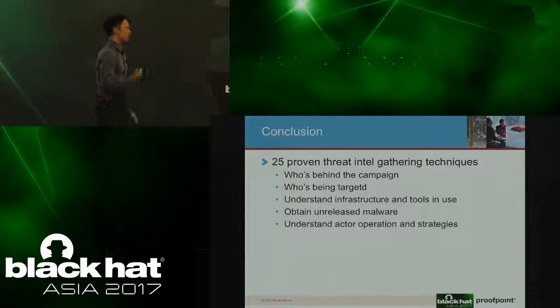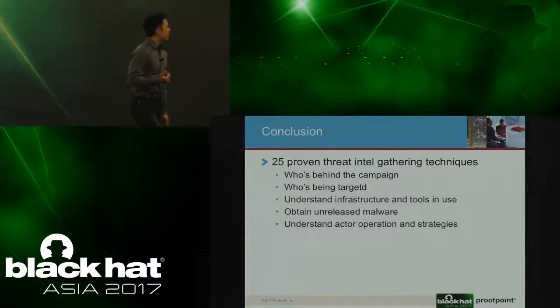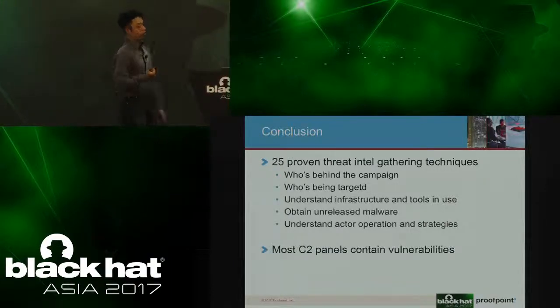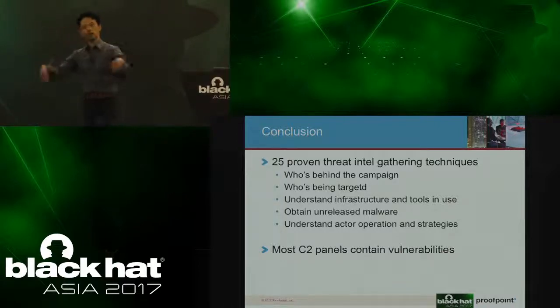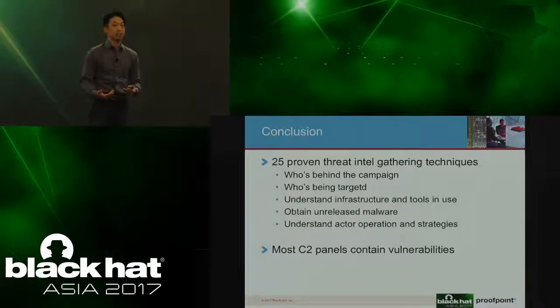Obtain unreleased malware, which ups our detection efficacy, and understand actor operations and strategies. For example, we showed you screenshots of these actors, the BEC actors, doing their daily business.